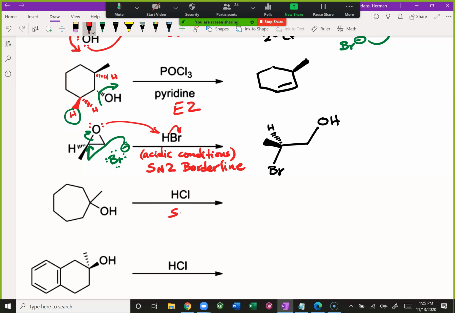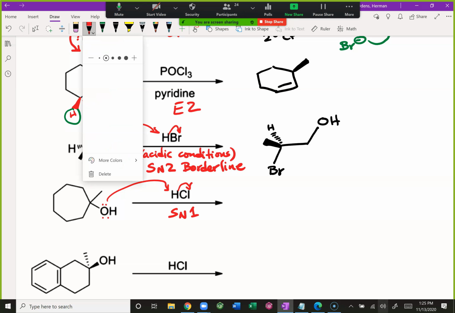We don't have a dehydrating agent, but we have a good acid. The reason why hydrochloric acid is not a good dehydrating agent is because chlorine is a good nucleophile. The inverse happens with sulfuric and phosphoric acid, whose conjugate bases are simply bases.